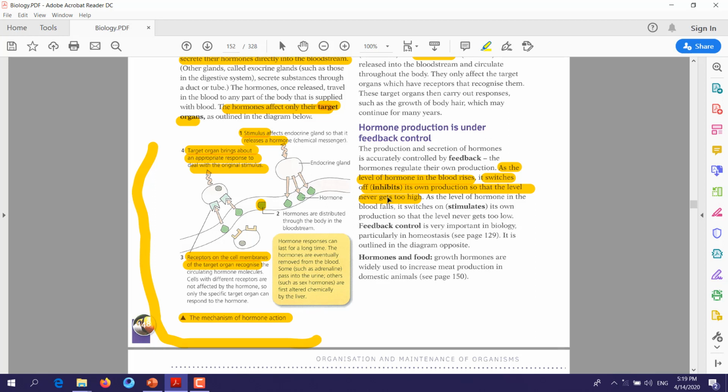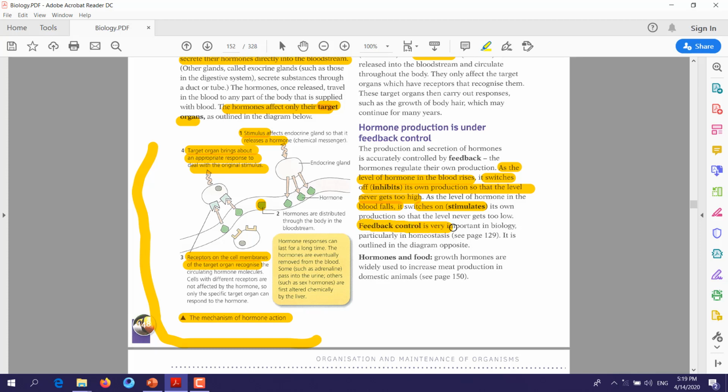The hormone will be released into the bloodstream. When it reaches a specific level, the gland will stop producing it depending on feedback from the body. But when the level of hormone falls, what will happen? It will switch on, or stimulate the organ to produce and release it again.